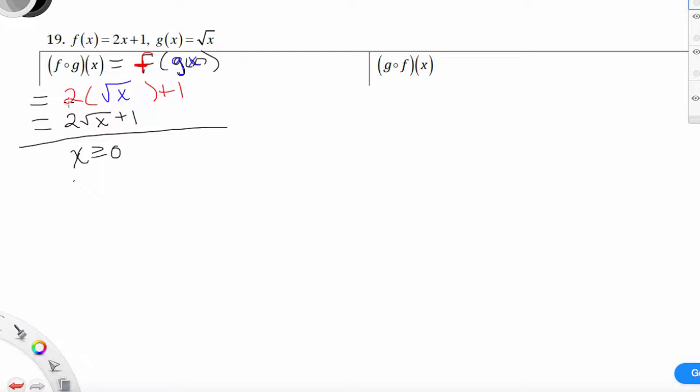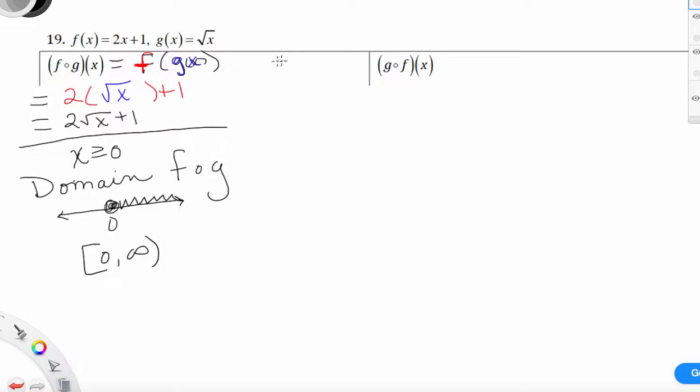For the whole entire composite function, you only have to worry about that square root of x, and for the inner function itself, you are just worried about the square root of x. And so the overall domain of f of g is from 0 to infinity. So anything that is greater than or equal to 0.